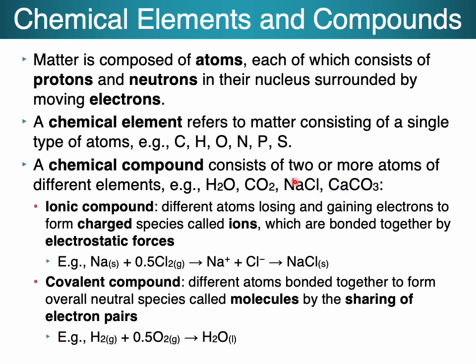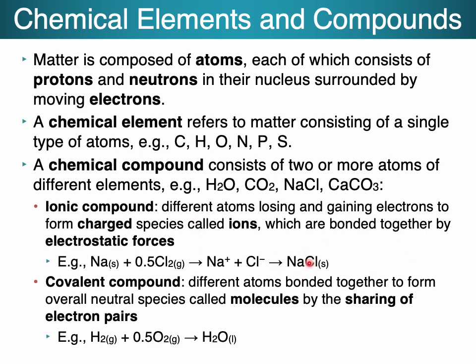So I've already mentioned some terms like molecule and ionic compound. What are they? In an ionic compound, different atoms lose and gain electrons to form charged species called ions, which are then bonded together by very strong electrostatic forces.